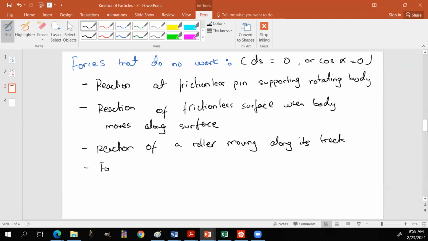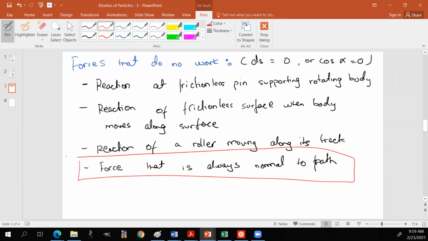Also, in general, when you have a force that is always normal to the path, all those reactions basically align to this main idea.